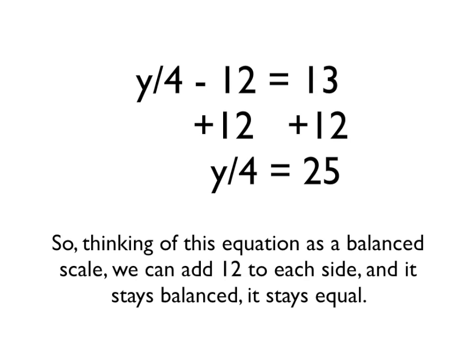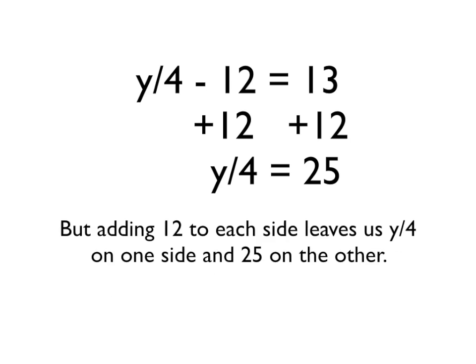Okay. So if we think about this as a balance, we can add 12 to each side, and it stays balanced. Okay, you got a scale, it's balanced already. You put 12 on each side, it stays balanced. Okay, but if we add 12 to each side, we get y over 4 equals 25.